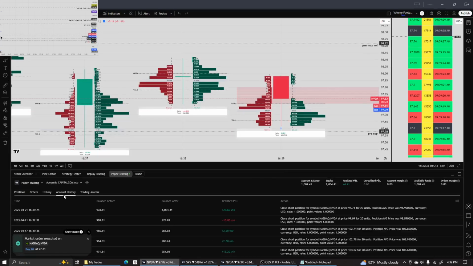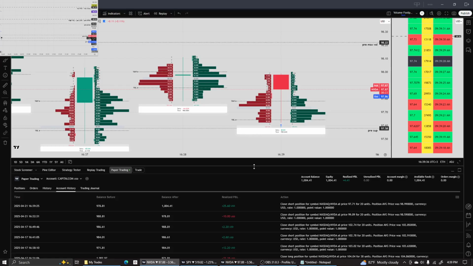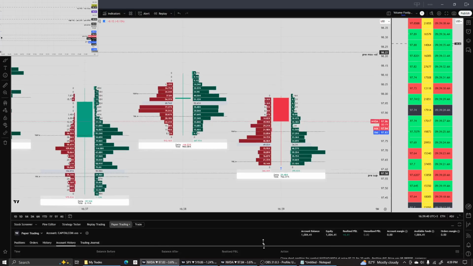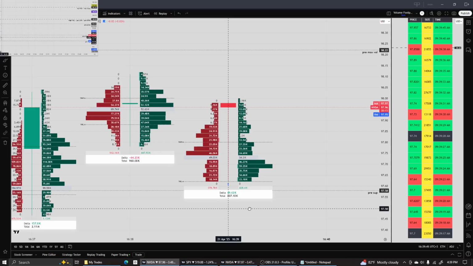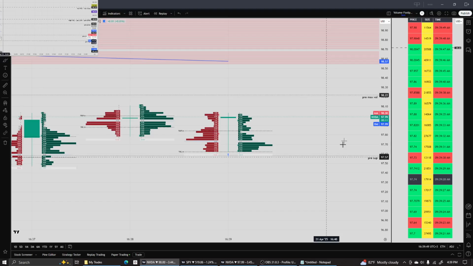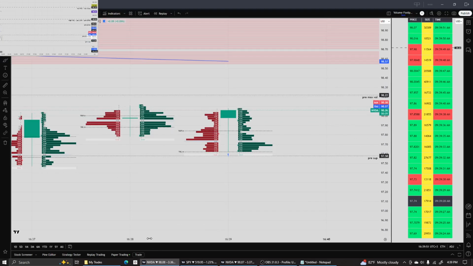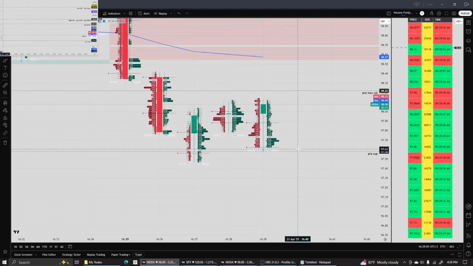Feeling comfortable. So we're plus 15 right now, plus 15 for the day. Maybe I can try to get another trade in. Let me focus. I think I might see some buying at least till the VWAP, but I'm too late, I think.